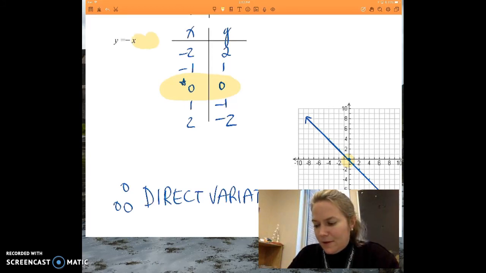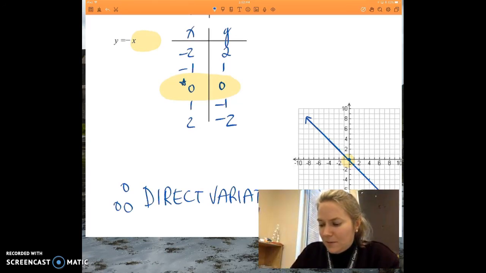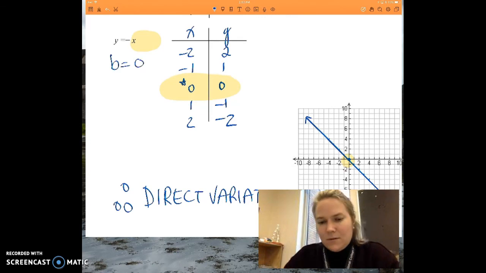Well, there's nothing beside x. B equals 0. That's negative x plus 0. But why would you ever write plus 0? It doesn't affect the answer at all. It doesn't change anything. So you don't write it. But what they're actually saying there is b equals 0. So we have b equals 0, and it visibly goes through the origin. And we've figured it out.